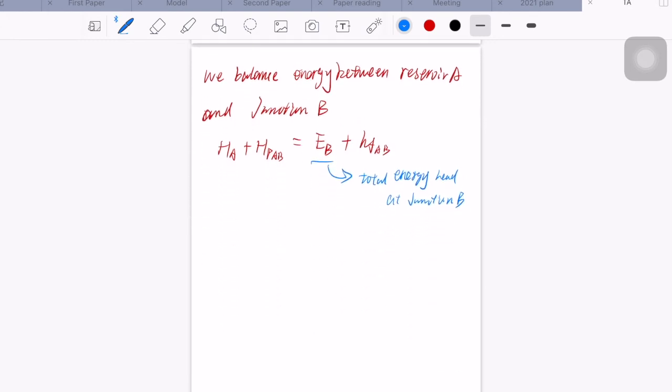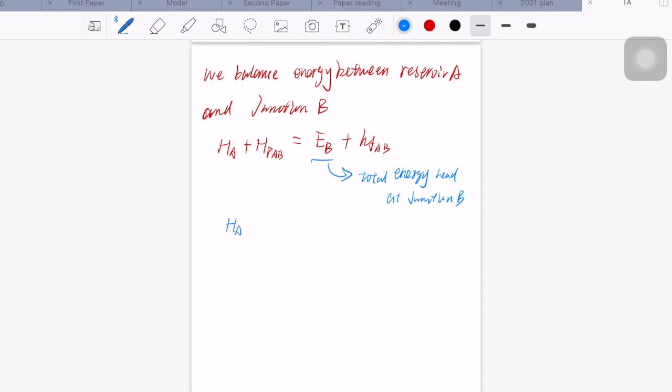So since we know HA equals 26.2 meter, and HPAB, the pump head in the pipe AB, equals 11.5 meter we determined before, and the HFAB equals K times QAB square, so equals 2.64 times 1.1 square.